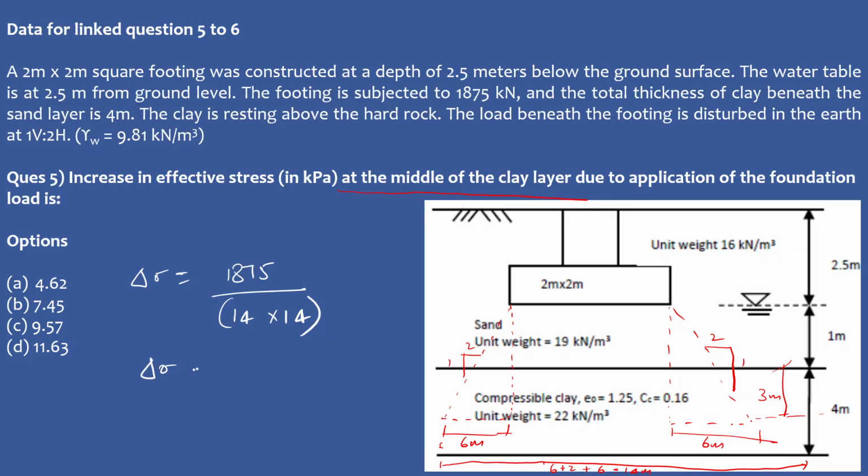So your delta sigma, if we calculate, is 9.566 kPa. So your answer is 9.57 kPa.